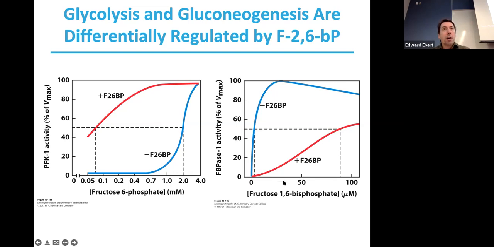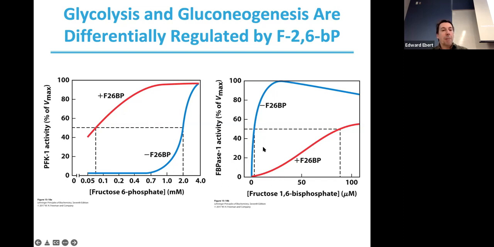For the reverse reaction, where we have fructose 1,6-bisphosphate and we're converting it to fructose 6-phosphate, if we take away fructose 2,6-bisphosphate, we see the activity of FBPase 1 just skyrocket, boom, up there. As we add fructose 2,6-bisphosphate, we slow down FBPase 1.